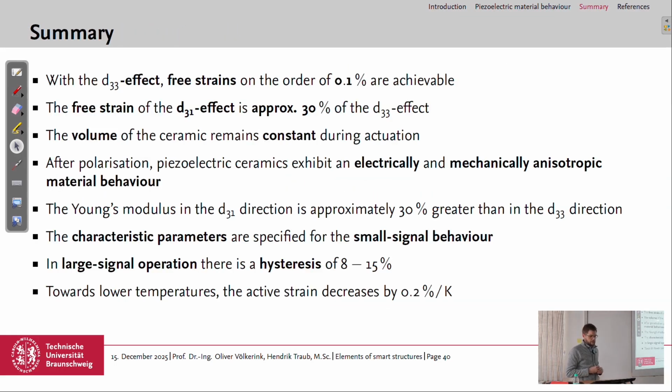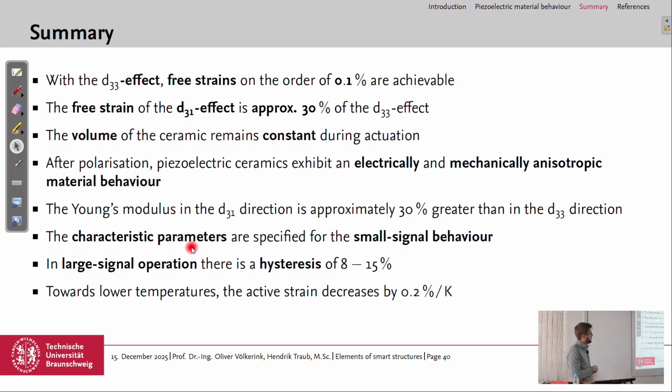So, last slide, summary. With the D33 effect, we have free strains of about 0.1%. The free strain in the D31 effect, so the transverse effect, is approximately 30% of the D33 effect, so much lower. We assume that the volume remains constant during actuation. After polarization, the electrical and also the mechanical behavior is anisotropic, which we saw in the Young's modulus, which in the D31 direction is 30% greater than in the D33 direction.